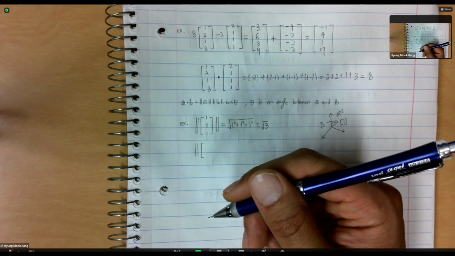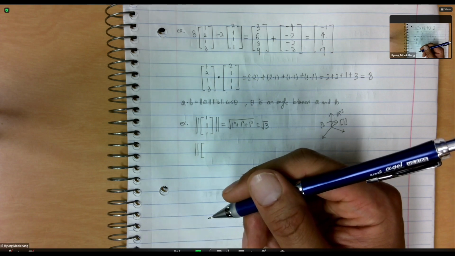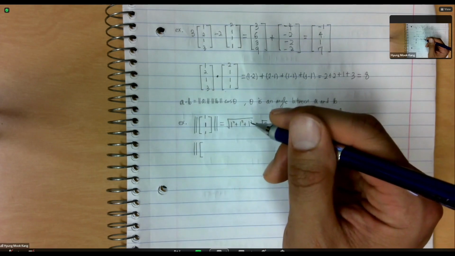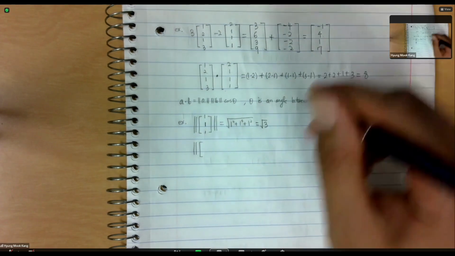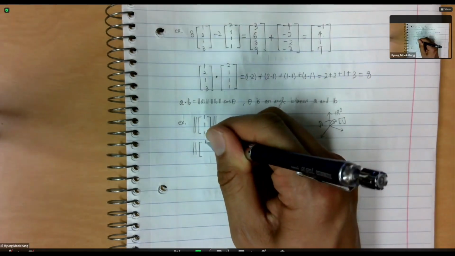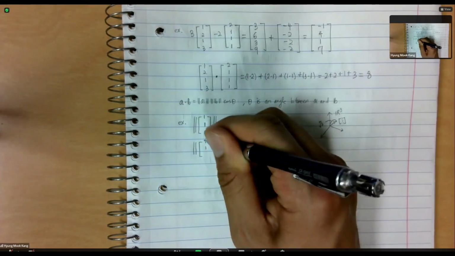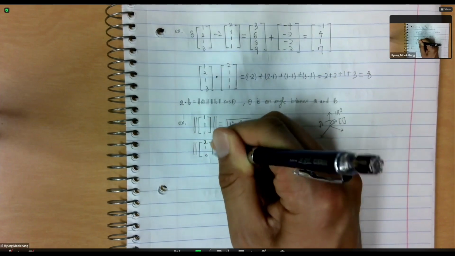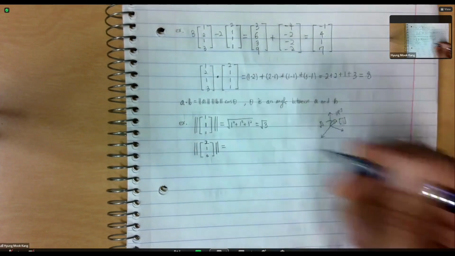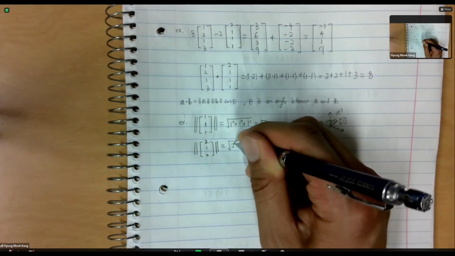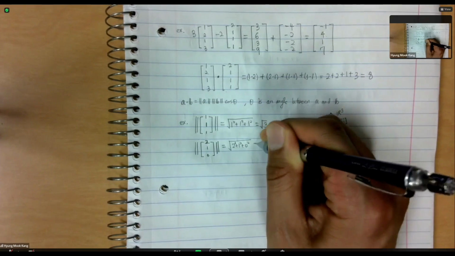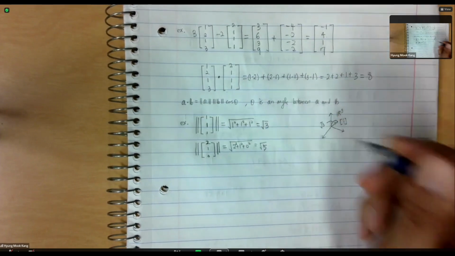Then for the second vector, let's go with something like 1, 1, 0. Well, just to make it interesting, 2, 1, 0. The norm of this is the square root of the sum of the squares, 2 squared plus 1 squared plus 0 squared, so we get the square root of 5.